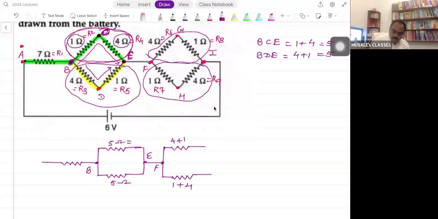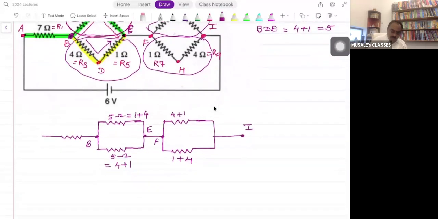Then joining together here at this point, this is your point I. This was R1, that was 7 ohm. And then this is your cell again, which is 6 volt.